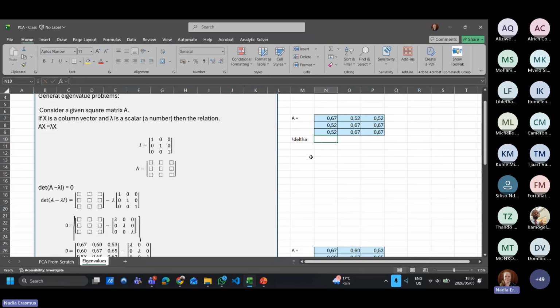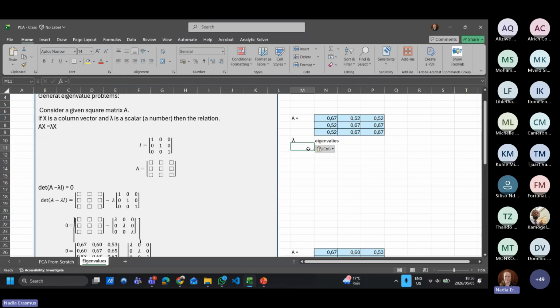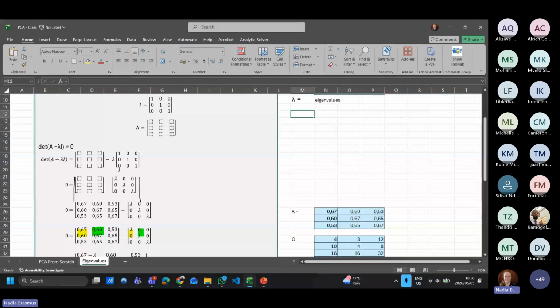It's hard to copy this delta sometimes. Okay, here we go. Delta is your eigenvalues. And then once you have your delta, you substitute back in to get your eigenvectors.